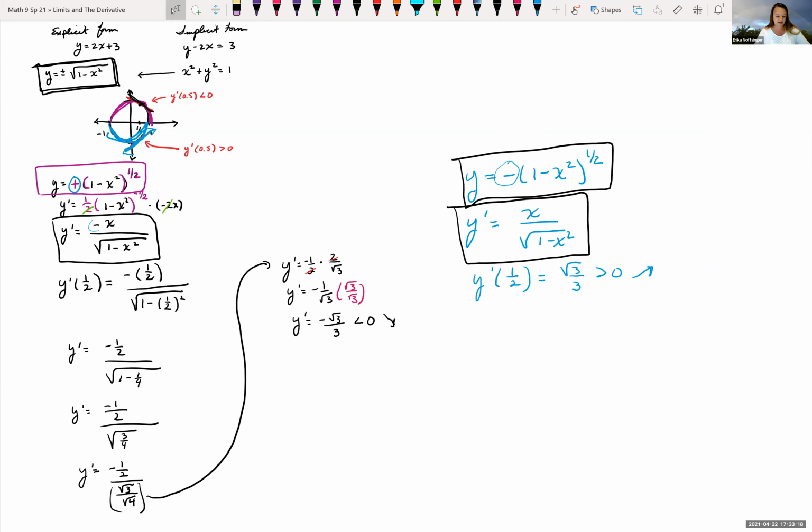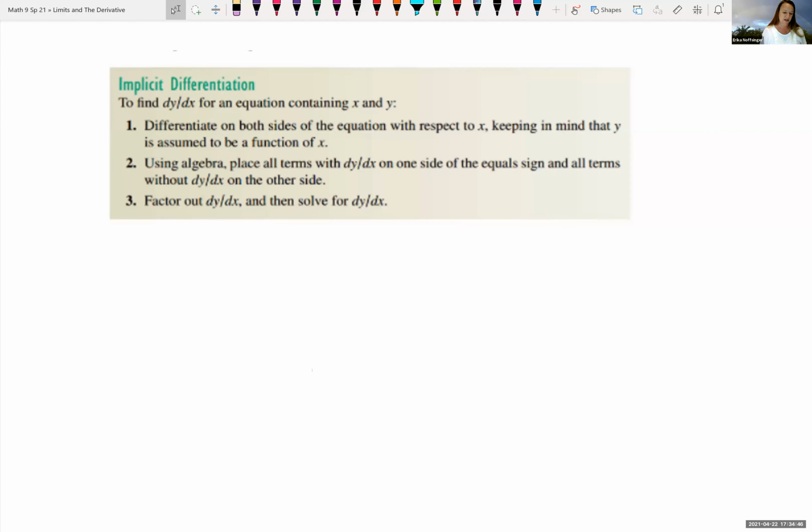So let me just give you a step-by-step process. The steps for solving using implicit differentiation: we're going to find dy dx for an equation containing both x and y. We're going to differentiate both sides of the equation with respect to x, keeping in mind y is assumed to be some function of x.